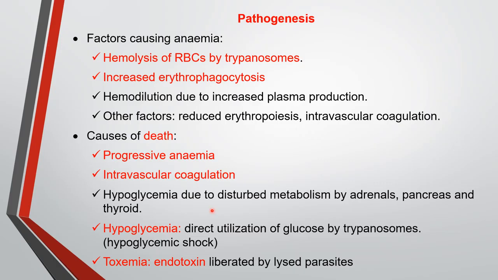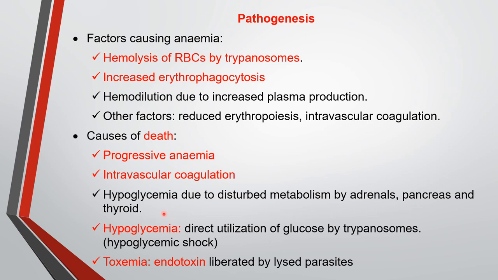Third important cause is hypoglycemia. Whenever there is trypanosomiasis, hypoglycemia occurs, and that is due to two reasons. One is hypoglycemia due to disturbed metabolism by endocrine glands, especially adrenals, pancreas, and thyroid glands.